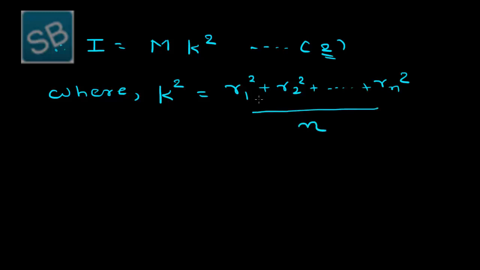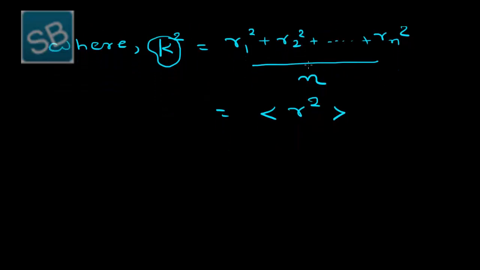Now you see, this is actually the average of the position vector square for n particles. If I have to find the value of only k, then I have to take the square root on the other side.